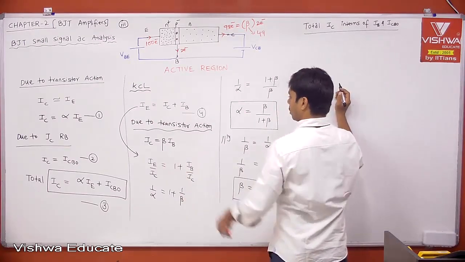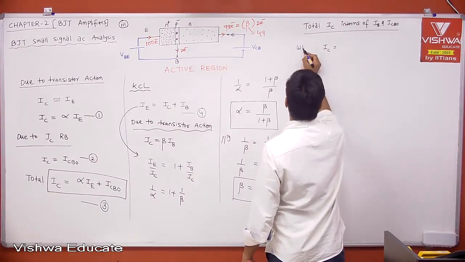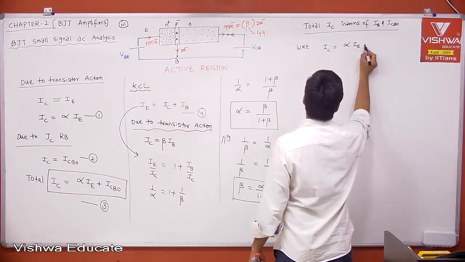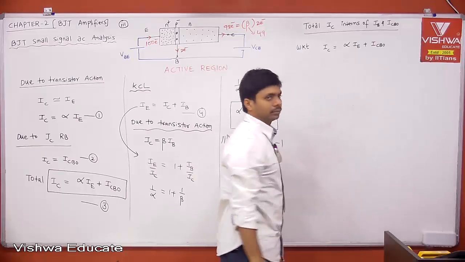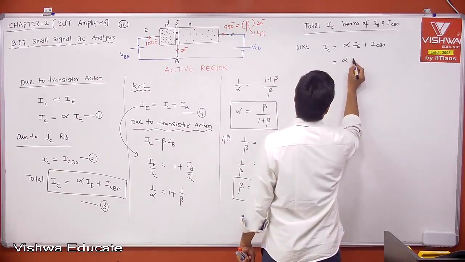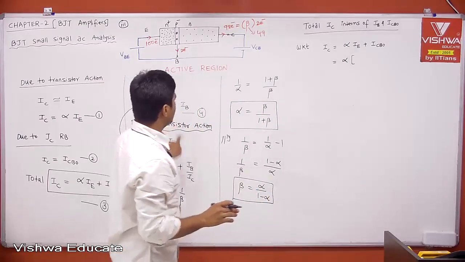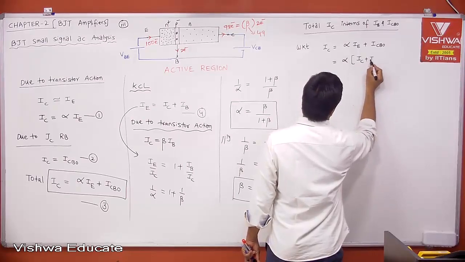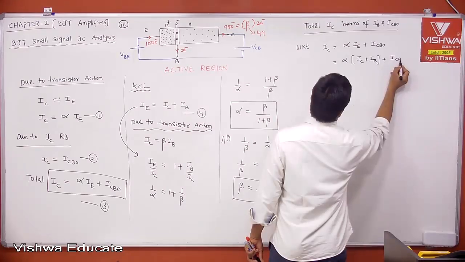Then IC is equal to, we know that IC is equal to alpha into IE plus ICBO. Then what is IE? We know IE from KCL: IC plus IB. So IC is alpha into IC plus IB, plus ICBO.